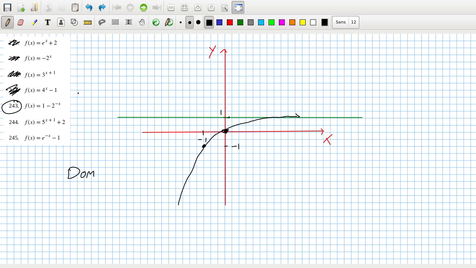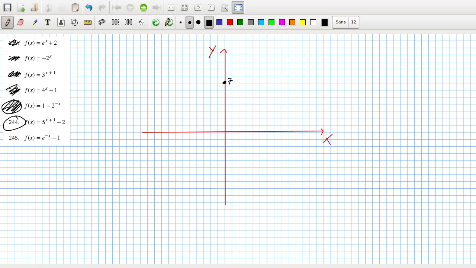244. Let's see now. When x is 0, I'll get 5 power 1 is 5 plus 2 is 7. Okay, so that could be like there.